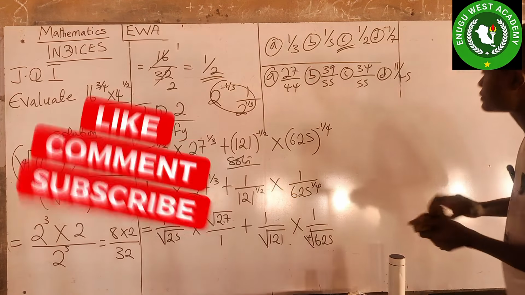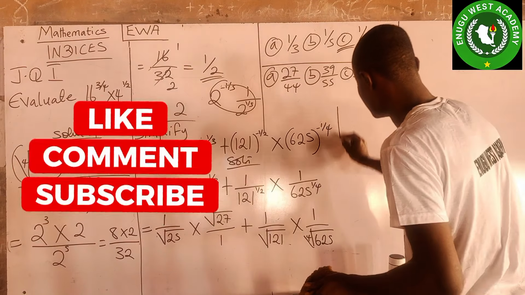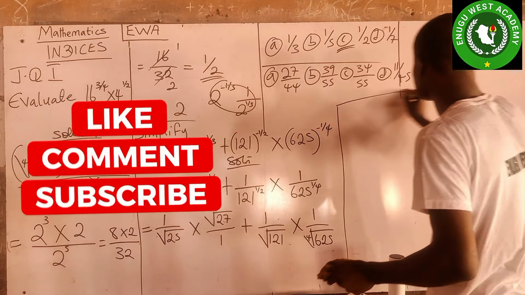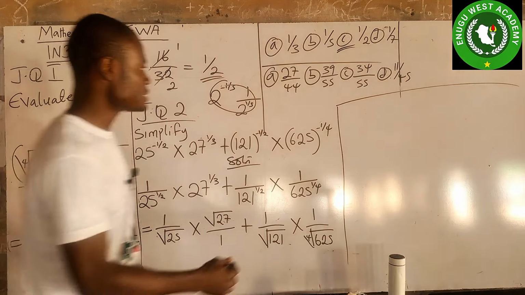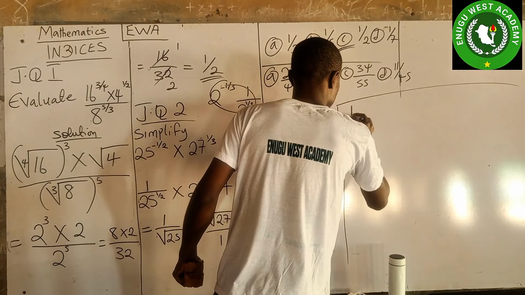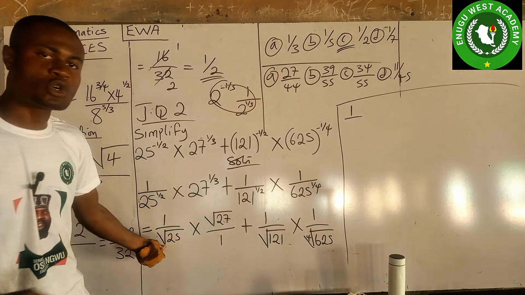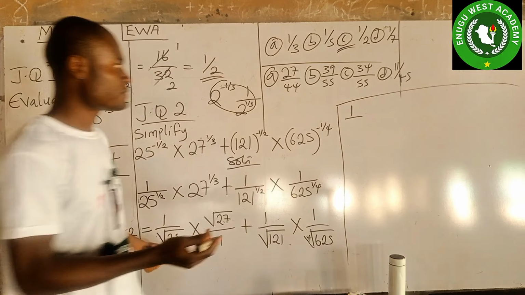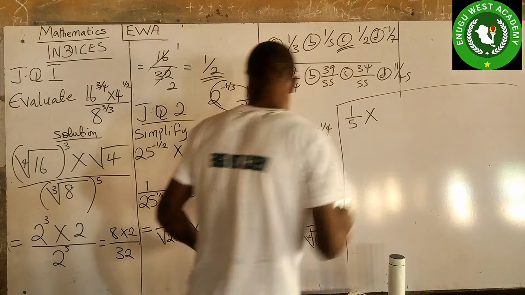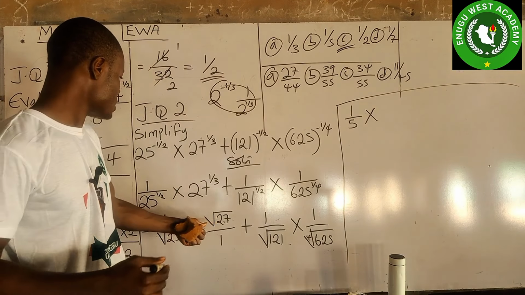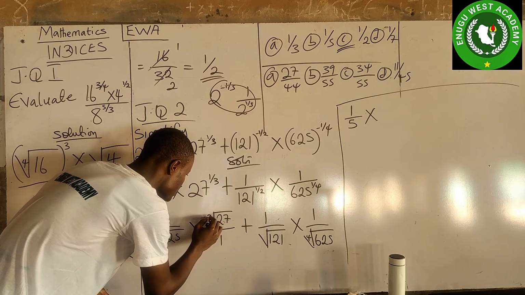Let me clean here. Now let's do this. We're going to have 1 over. What is the square root of 25? We know it is 5. We have 5 times. Sorry, here is cube root.